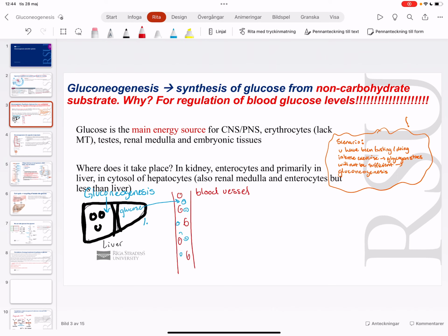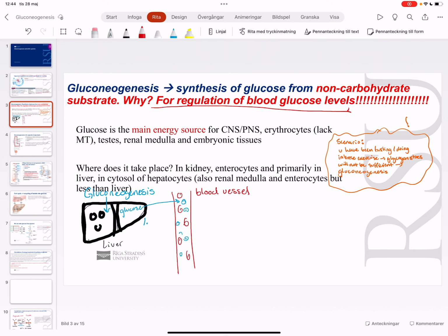Okay, so gluconeogenesis is the synthesis of glucose from non-carbohydrate substrates. And what's the main purpose of gluconeogenesis? Why do we have it? It is mainly for the regulation of blood glucose levels.